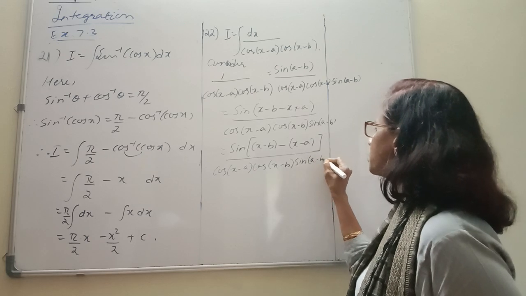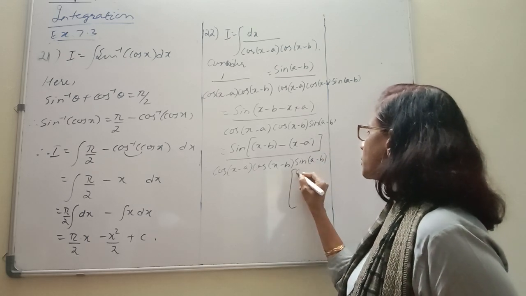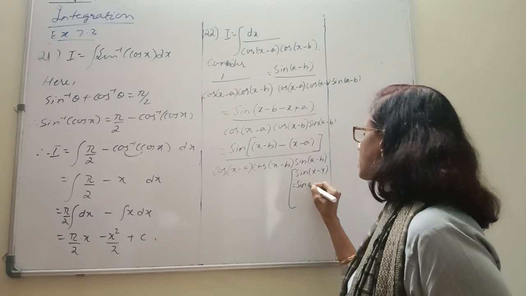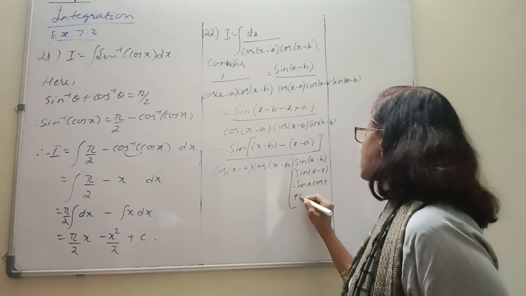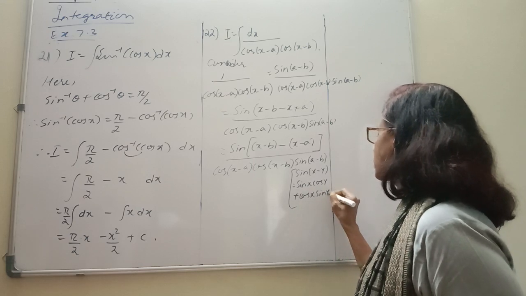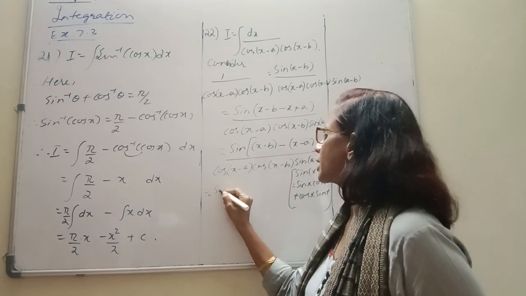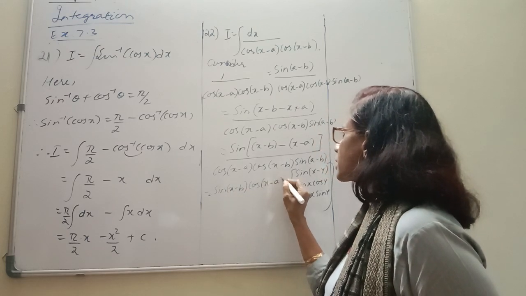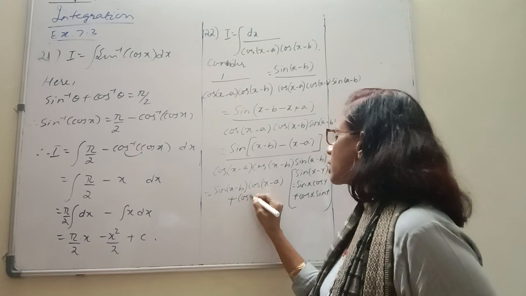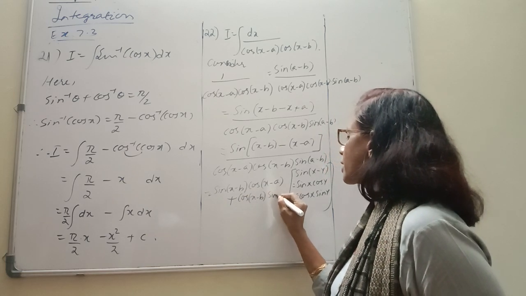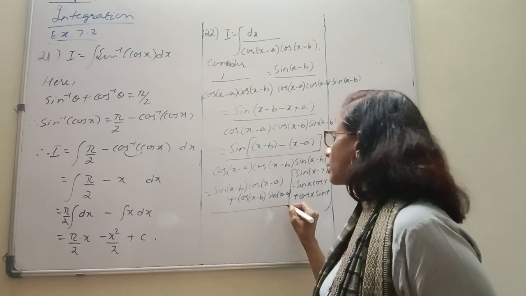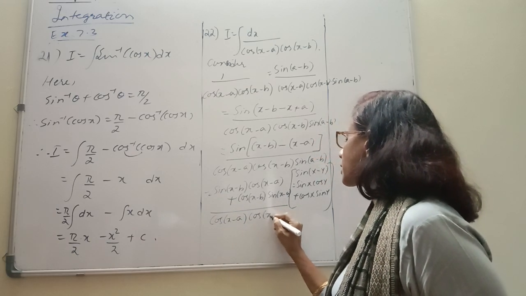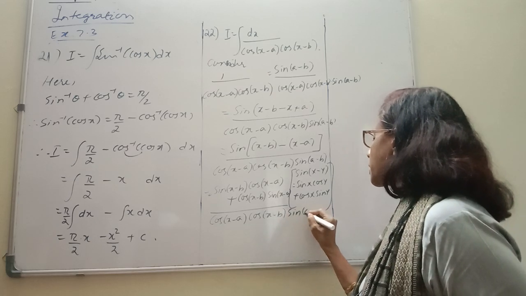Sin a minus b is a constant because a and b are constants.